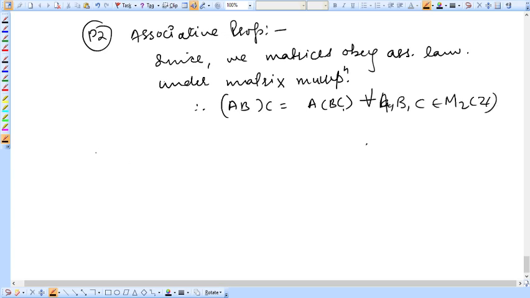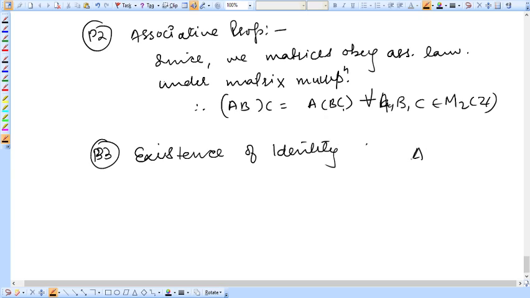Now property number 3, existence of identity. We know there is a matrix which is called the identity matrix, which when multiplied with A, we get A back, right? So see, I is equal to [1 0; 0 1]. It is 2 by 2 obviously, and also all the four numbers 1, 0, 0, 1 are integers.